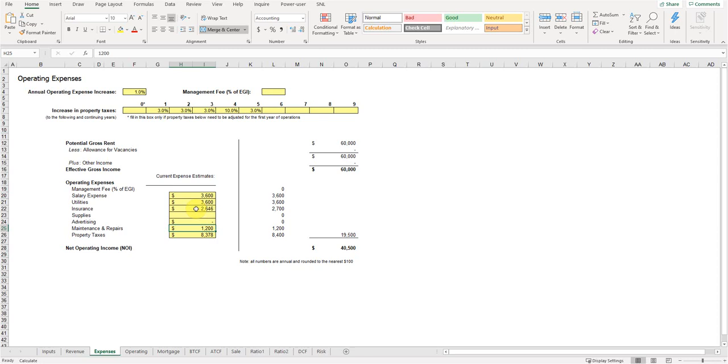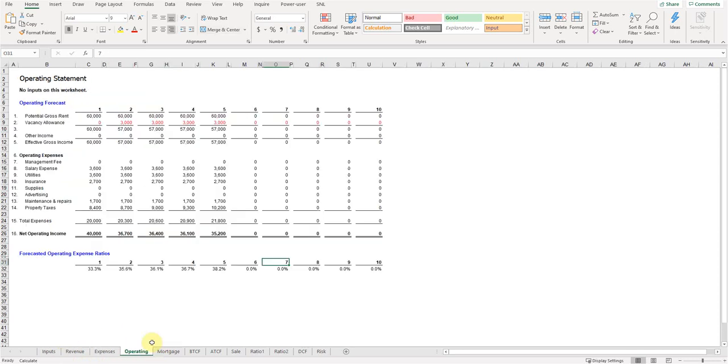Maintenance and repairs, this is usually the kicker that gets you. I like doing, let's do $100 times 12 and then a buffer of an additional $500 sort of holdback. That might be light depending on the property condition, but that's one of the bigger sensitivities of the model as a whole.